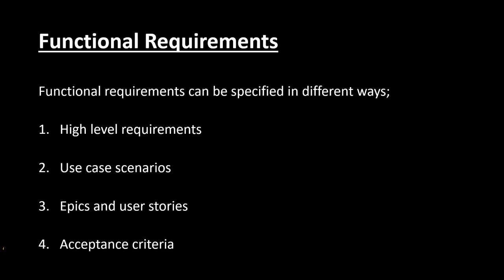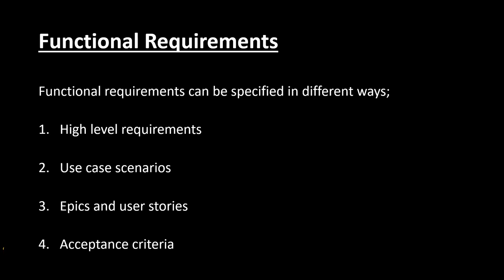Then we'll even go further and say that we must ensure that the email address and password satisfy such and such criteria or conditions on the system. So that is a low-level requirement.